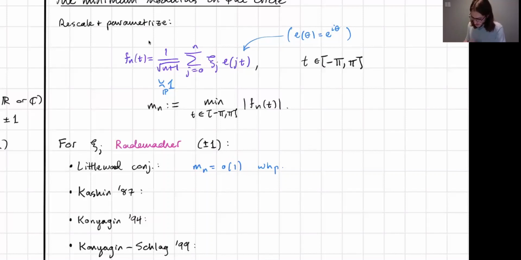That was his conjecture, and it was confirmed by Kashin, who showed that the probability is at most inverse logarithmic in size, so log n to the minus 1/3. So the probability of that goes to 0.